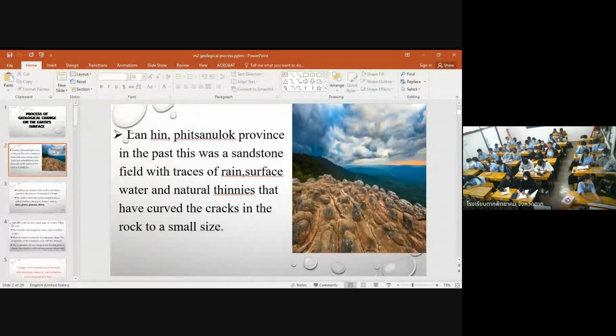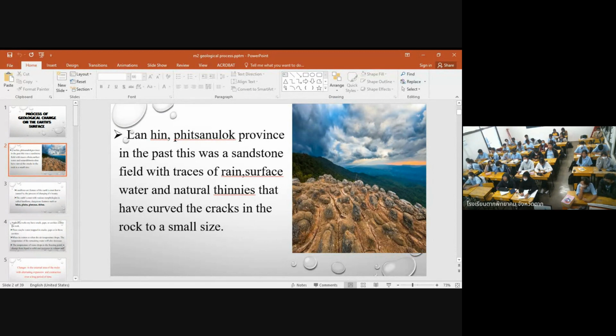So okay, before we start, here in Lanhen, Pitsanulok province, is the past. This was a stone field, a quiet field, with a trace of rain, surface water and natural forces that have carved the cracks in the rock to a small size.